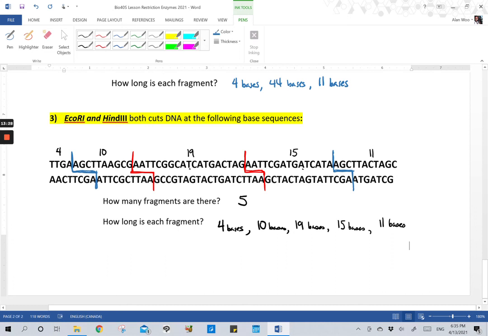Because there's still different sizes, the end result is when you use all these fragments from the 2 restriction enzymes to create your DNA fingerprint, that fingerprint will be much more accurate.